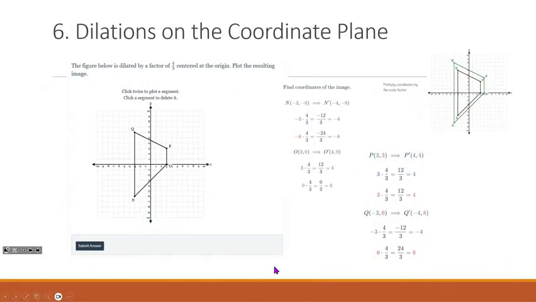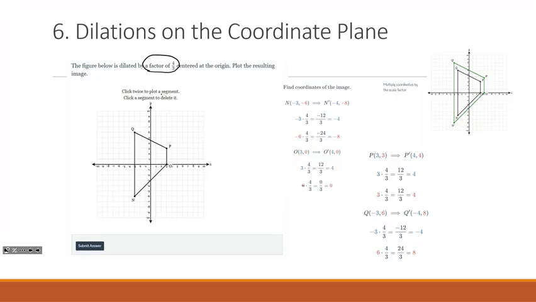Okay, the figure below is dilated by a scale factor of 4/3. So is this going to get bigger or smaller to get our new one? A scale factor of 4/3 means it's going to get bigger, guys.